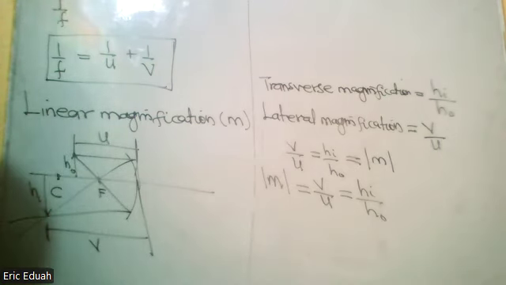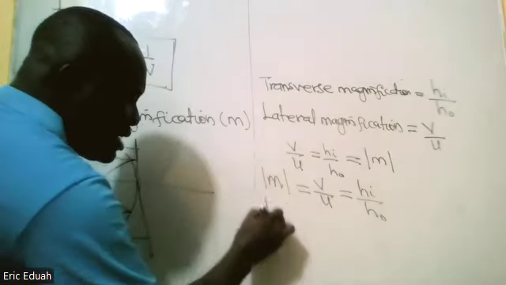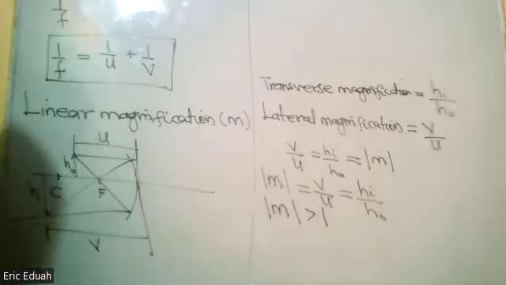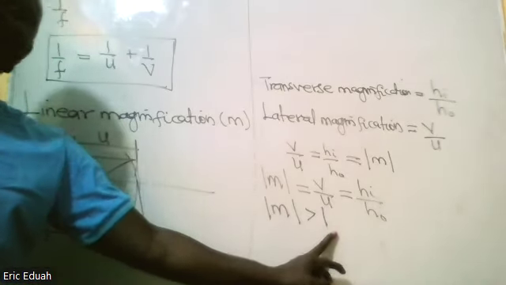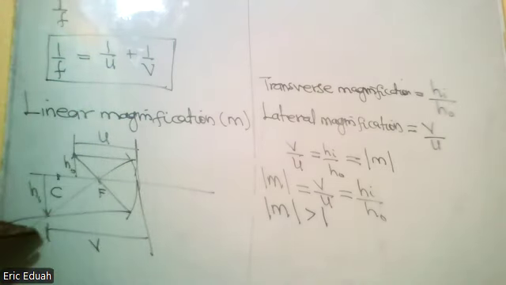Now, when an image is formed and the image is magnified, it means that the magnitude of the linear magnification is greater than 1. So when a value is given and that value is greater than 1, it means the image is magnified, such as what we have in this case.